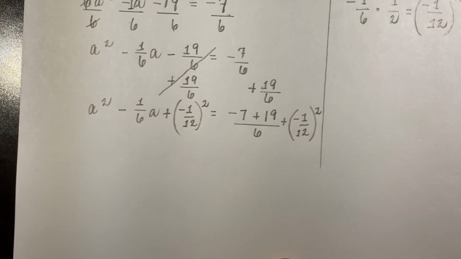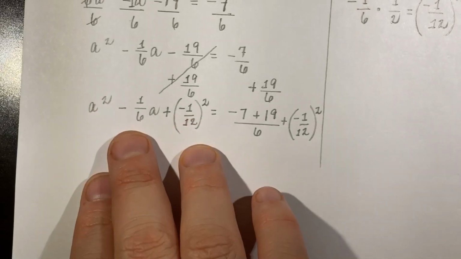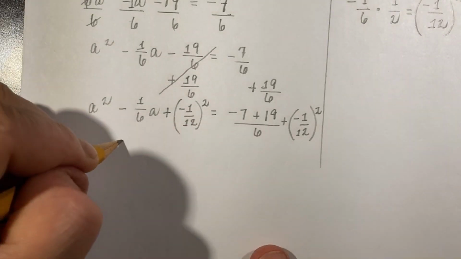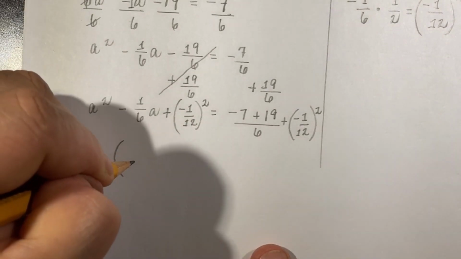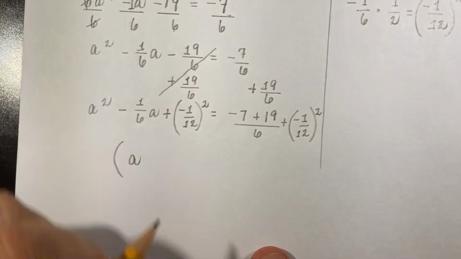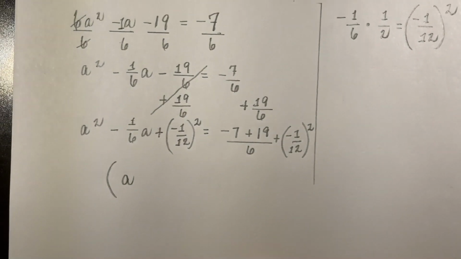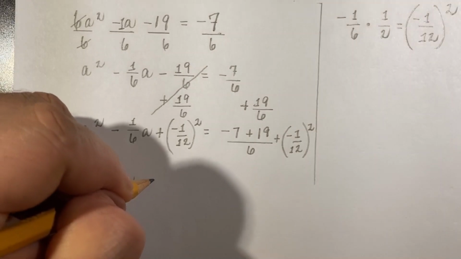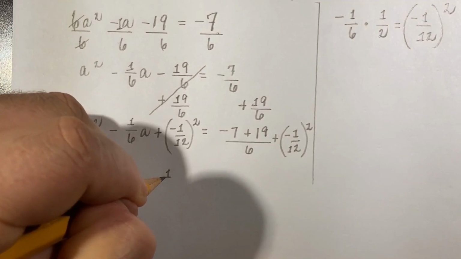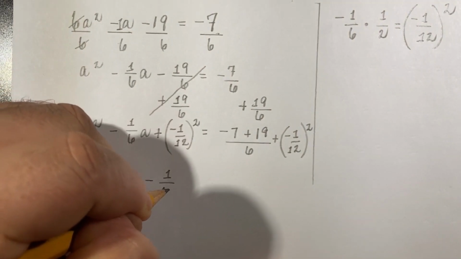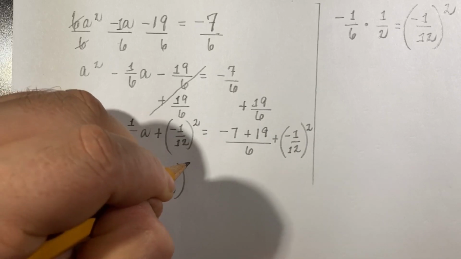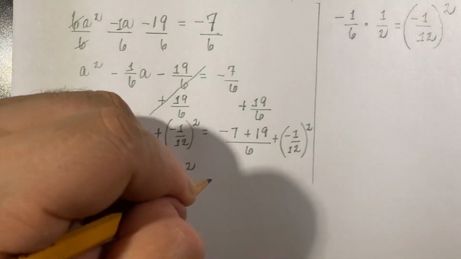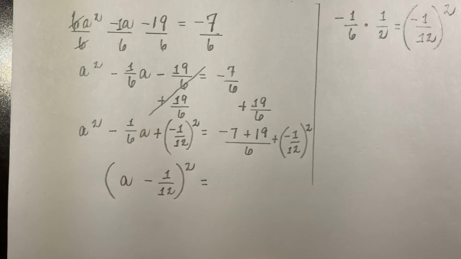You now have a perfect square trinomial on the left that you can factor into a perfect square binomial as a, and this is why we wanted to make sure we kept that sign, a minus 1 over 12 squared equals. And now we get to have fun over here.